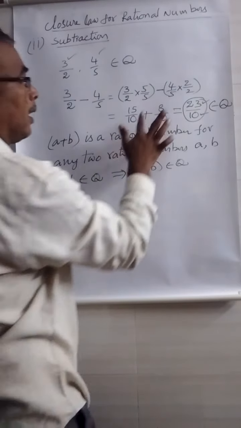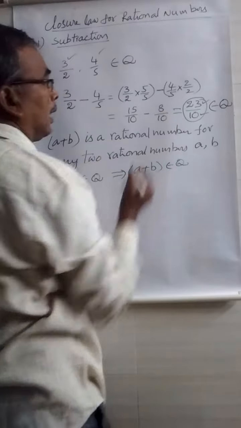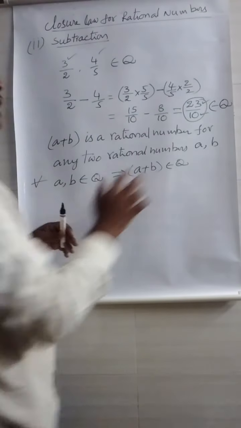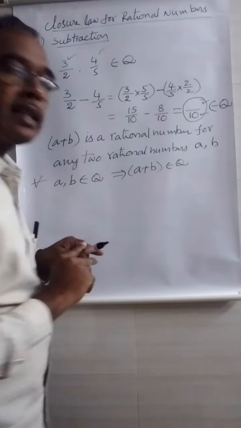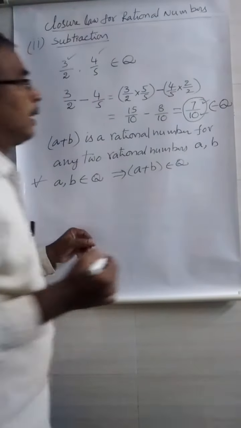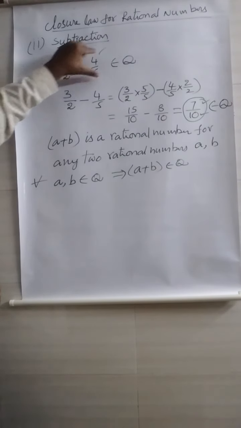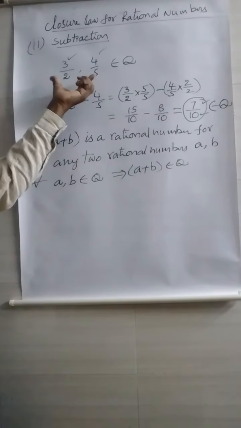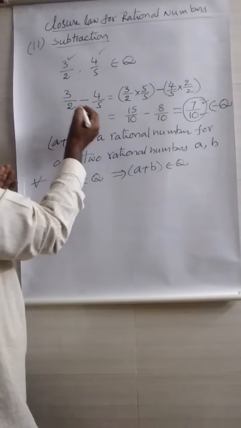Hence here also you may write 15/10 minus 8/10. 15 minus 8 is 7. Now here you check, 3/2 is a rational number, 4/5 is a rational number. We take these two rational numbers and take the subtraction between them.